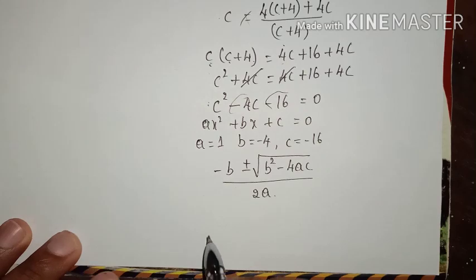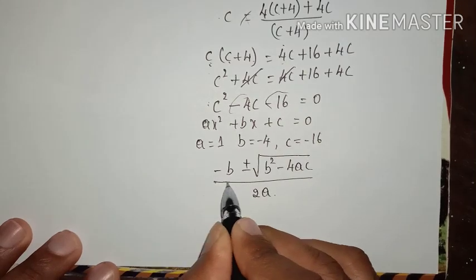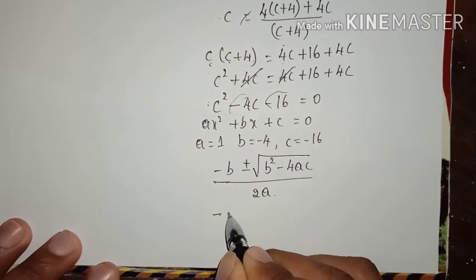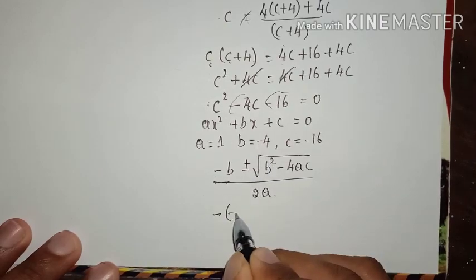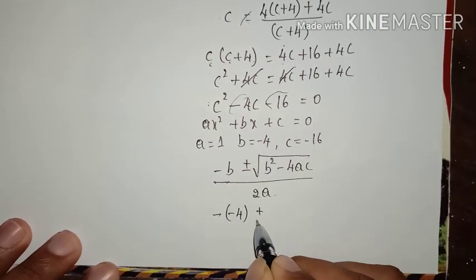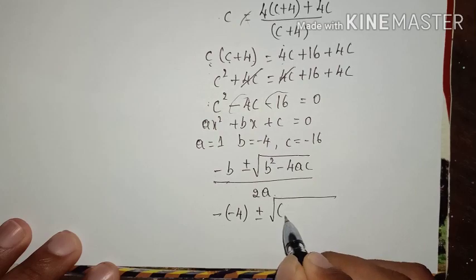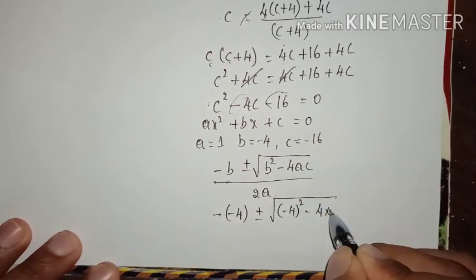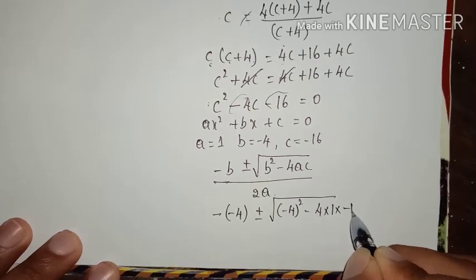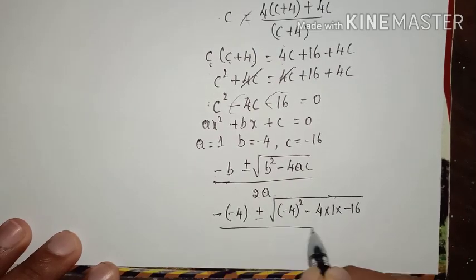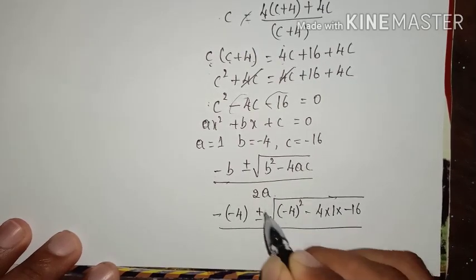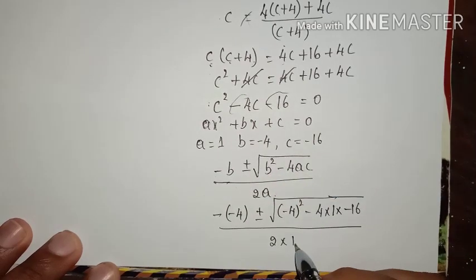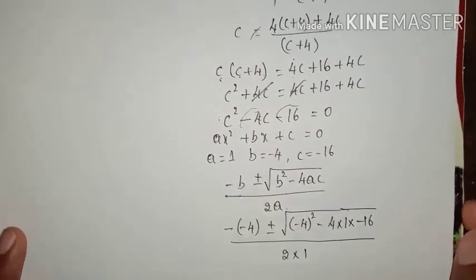What is the value of b over here? First minus b as it is, minus b means it is nothing but minus 4. So plus or minus square root of b square, that is minus 4 whole square, minus 4 into a, that is 1, c is minus 16, whole divided by 2 into a, that is 1.